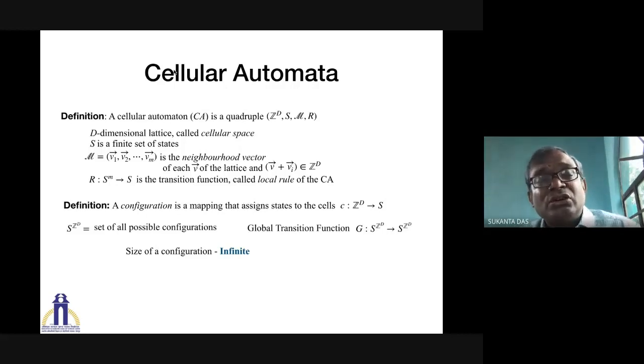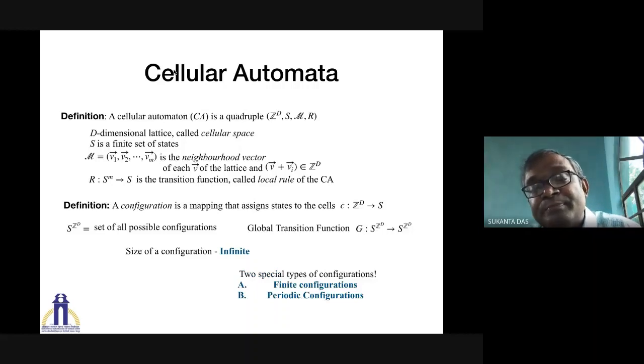However, although the configuration size is infinite, we have special interest in two special types of configurations. One is called finite configuration, another is called periodic configuration.